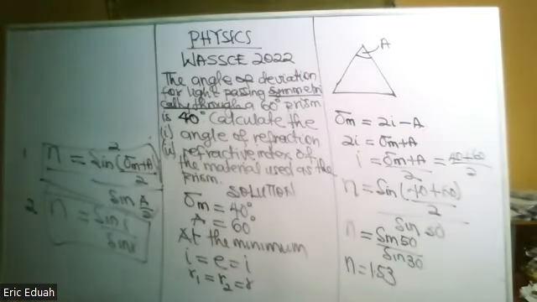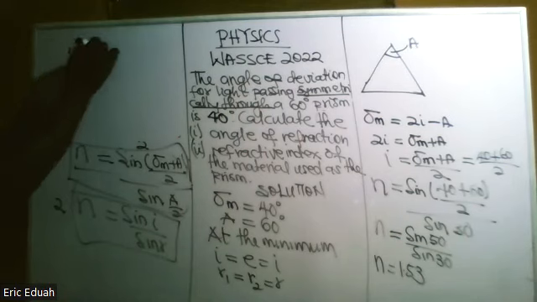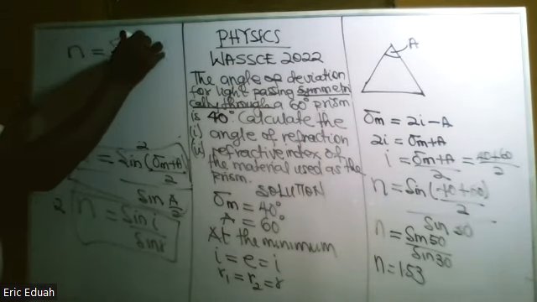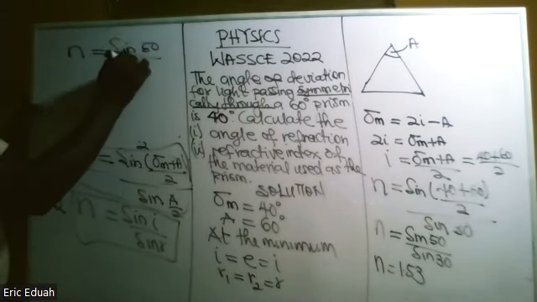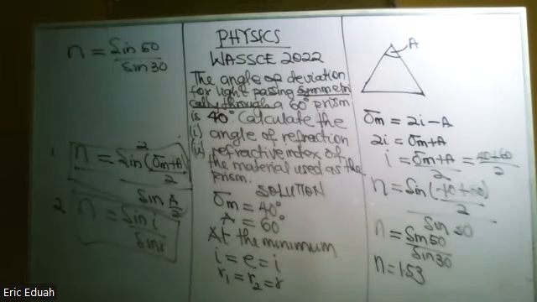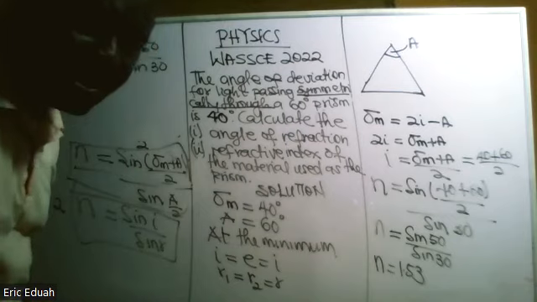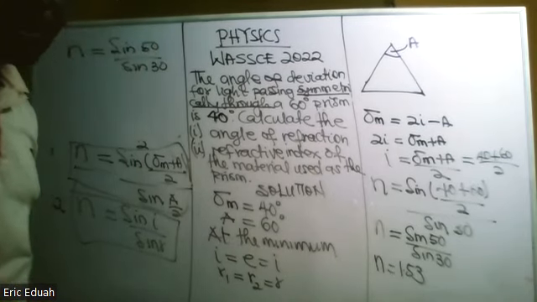And that will be, the angle of incidence will be 50. So the refractive index will be sine of 50 over sine of 30, and you get the same answer. It's that simple, not so difficult.